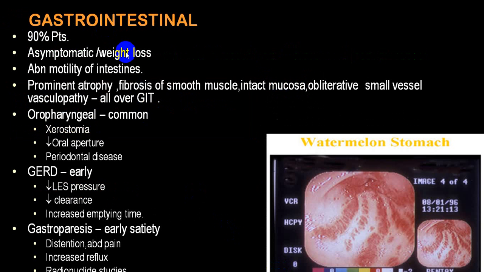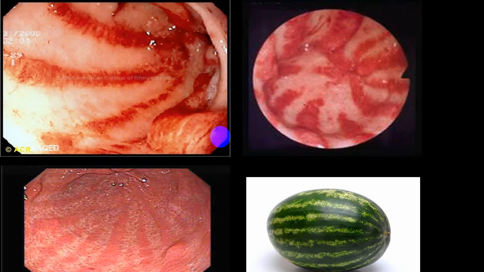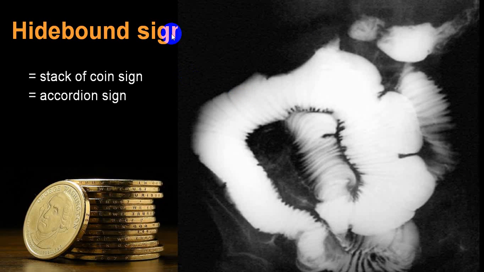So lot number of, there is one type of typical stomach distribution, it is called watermelon stomach. Very, very typical of stomach involvement. This is endoscopic view. So it looks like watermelon, so it is described as watermelon.